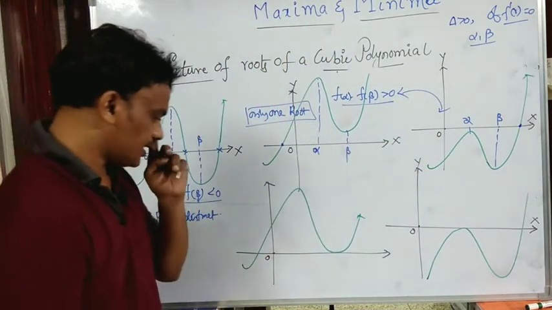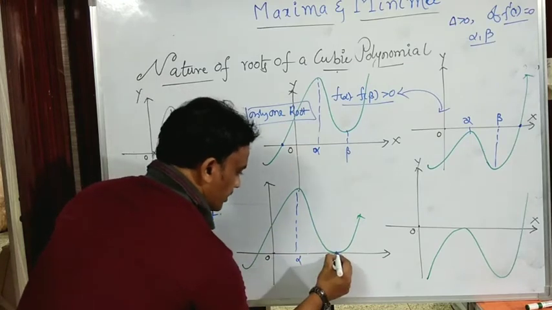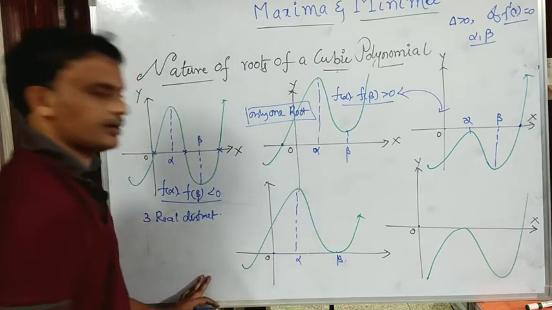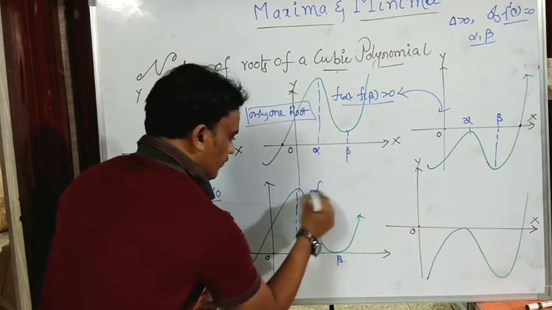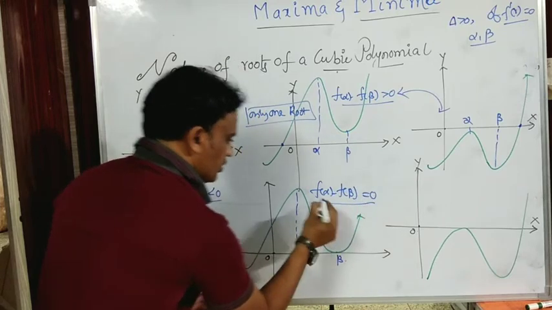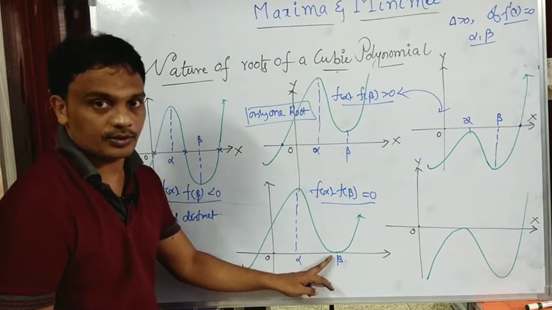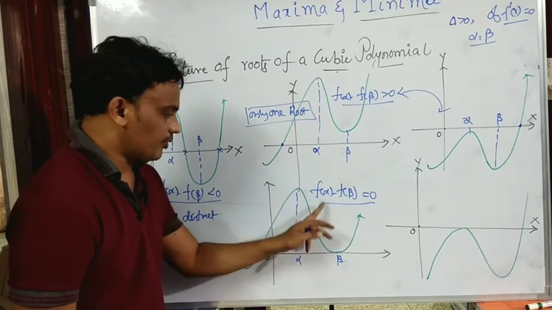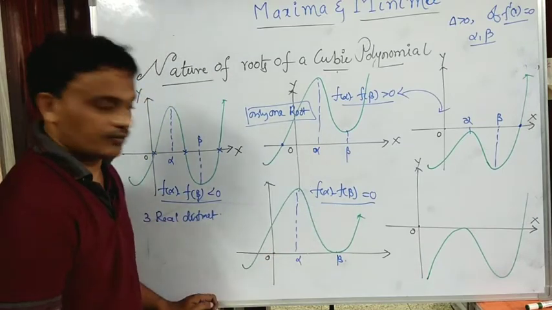Coming to this case, this is the alpha value and this is the beta value. Am I right or not? In that case, what can I write as the condition? f of alpha into f of beta is equal to 0. f of alpha is positive, f of beta is equal to 0. Am I right or not? In that case, what is the nature of the cubic polynomial?